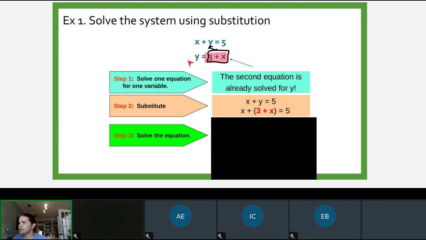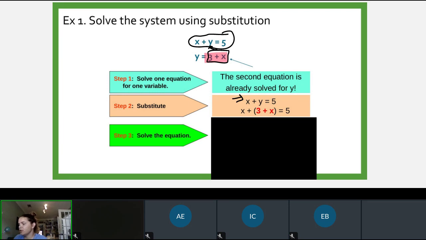Okay, so right now we have y by itself up here. It says y equals 3 plus x. So this is saying that y is the same thing as 3 plus x. So anywhere that there was a y in this top equation, I can replace it with 3 plus x because they're the same exact thing.